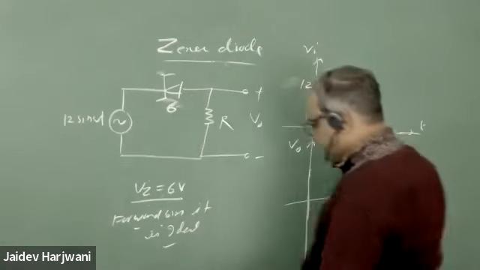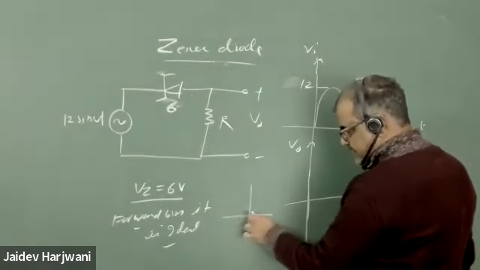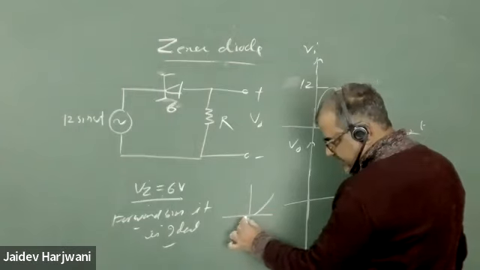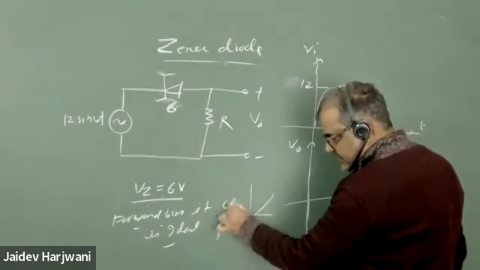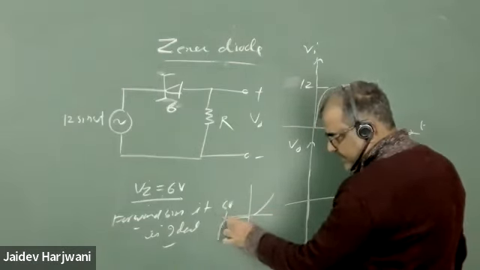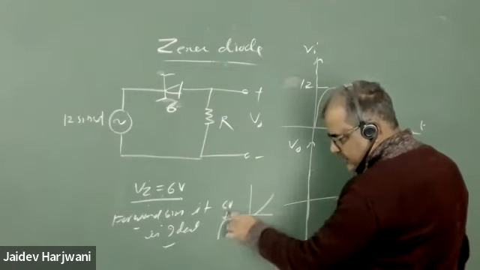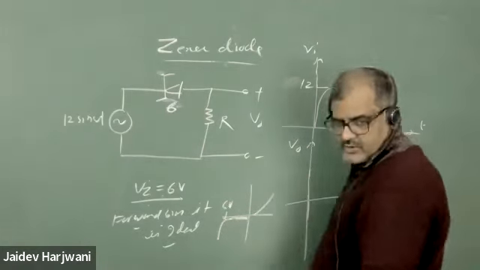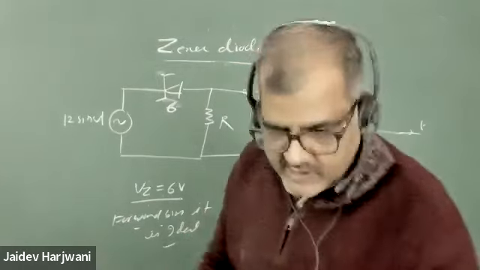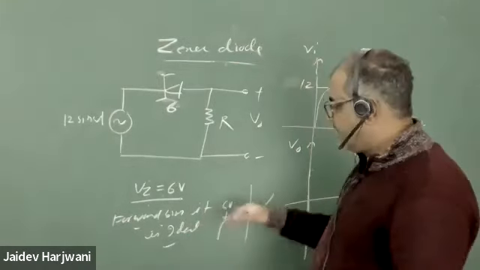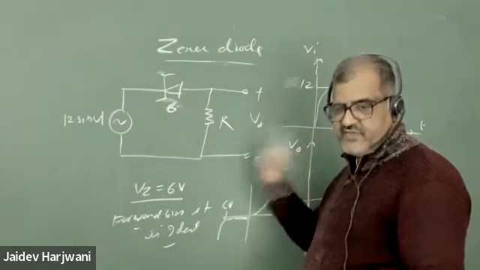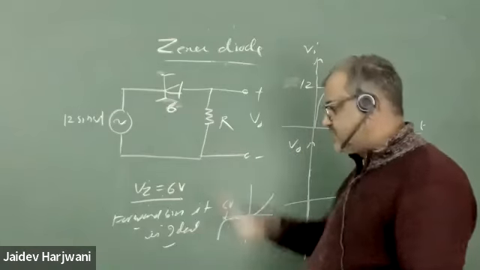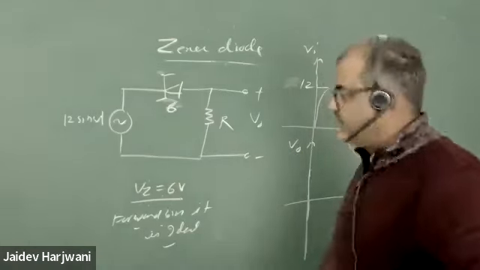The diode has to conduct, so for conduction it should have some voltage here. If you are not applying this voltage, it is in reverse saturation current, which is almost zero current. So in reverse bias it is actually open circuit until you apply this VZ voltage. So this is open.